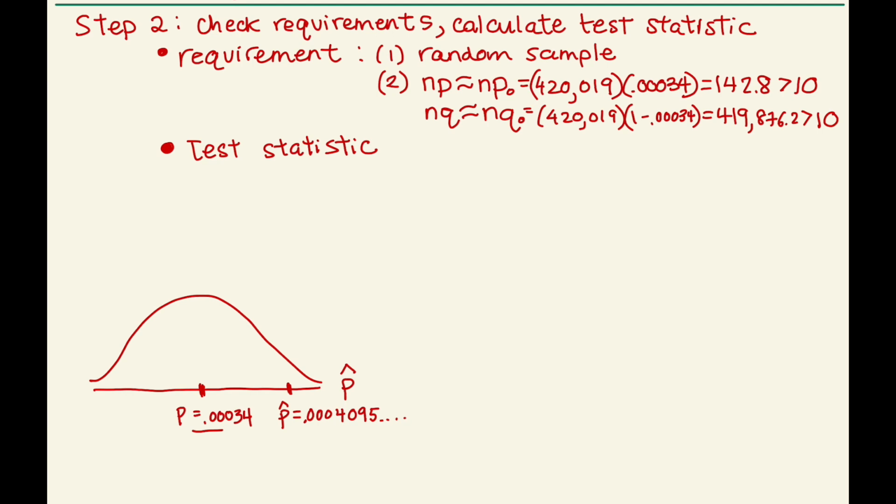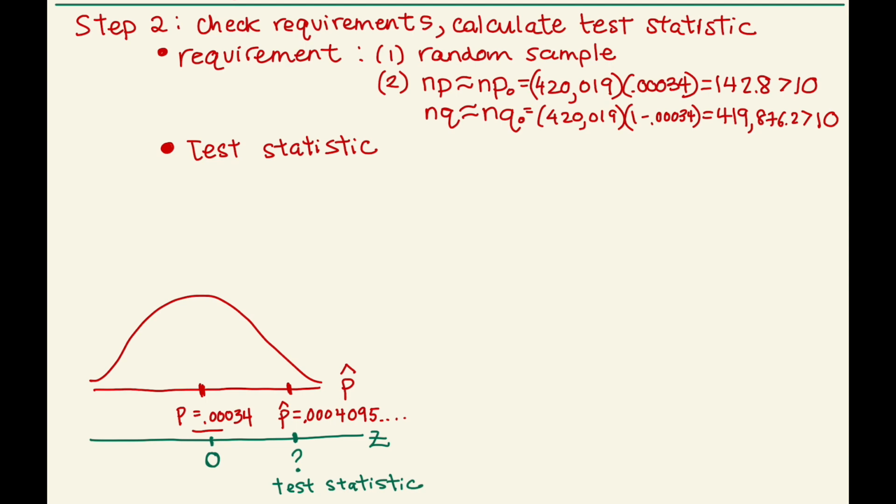So when we calculate the test statistic, we're just calculating the z-score of our sample data in the null distribution. Of course, the mean would have a z-score of 0. So the question is, what is the z-score? This is our test statistic, and that's what we want for the test.